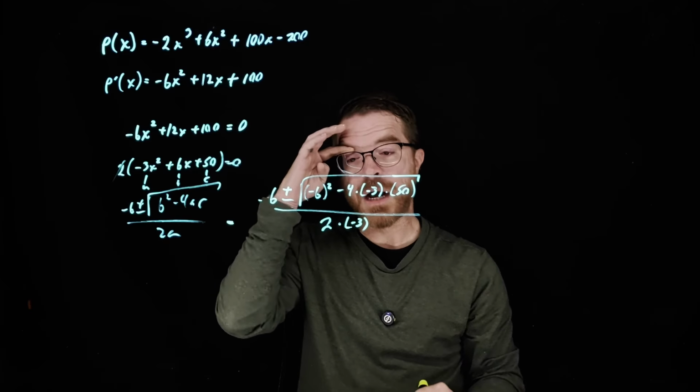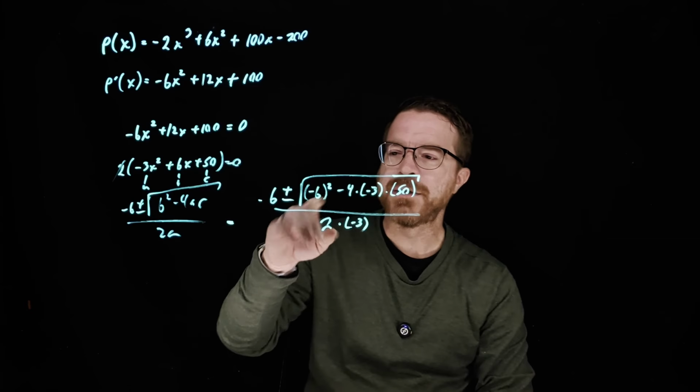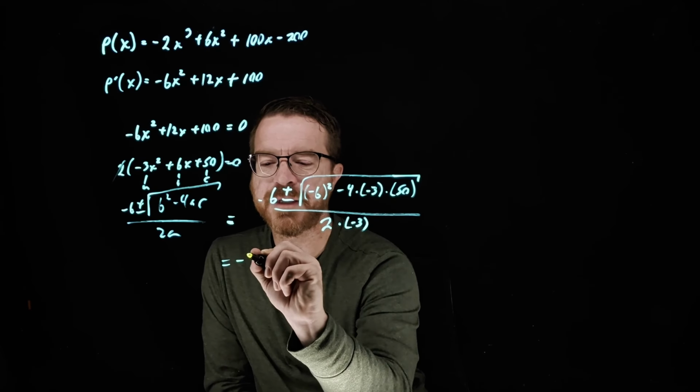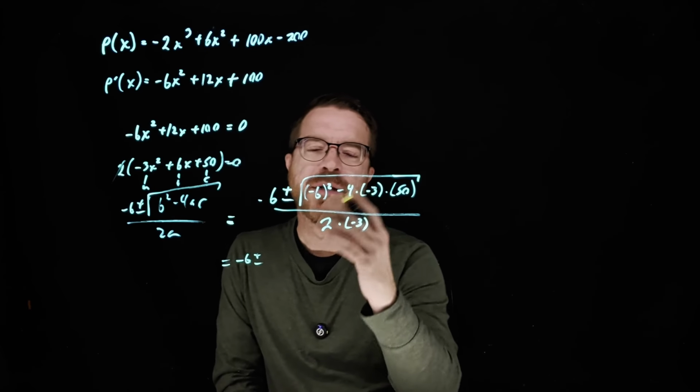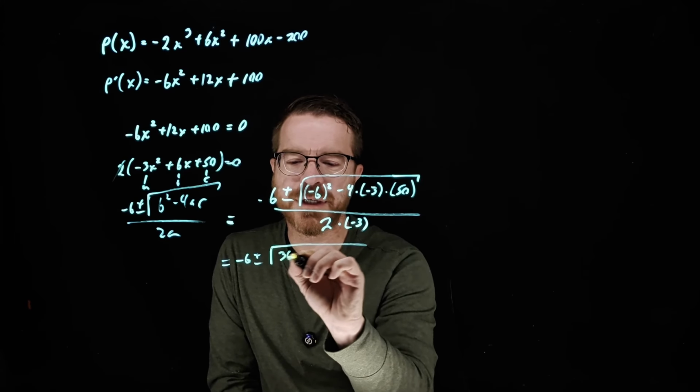Okay, so now let's work this out real quick. Negative 6 plus or minus the square root of negative 6 squared, which is 36.